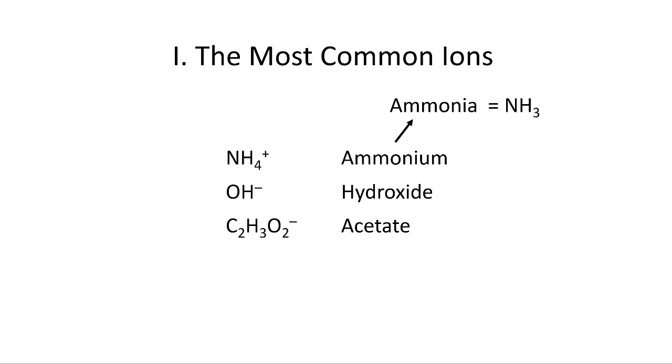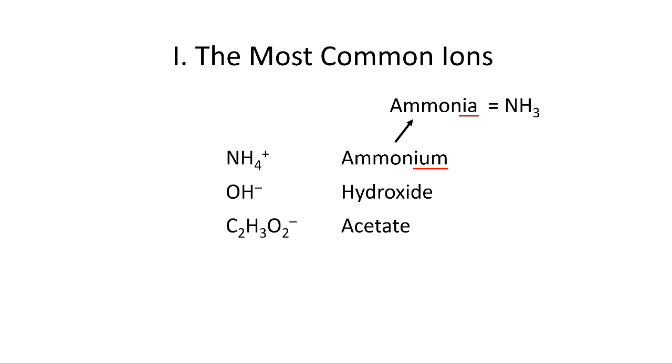Notice that the difference in the names of ammonium and ammonia is just in the last couple of letters. Ammonium ends in IUM, whereas ammonia ends in IA. For this class and for your general chemistry class, you should know the difference between ammonium, which is NH4 with a positive 1 charge, and ammonia, which is NH3 and is a neutral molecule.